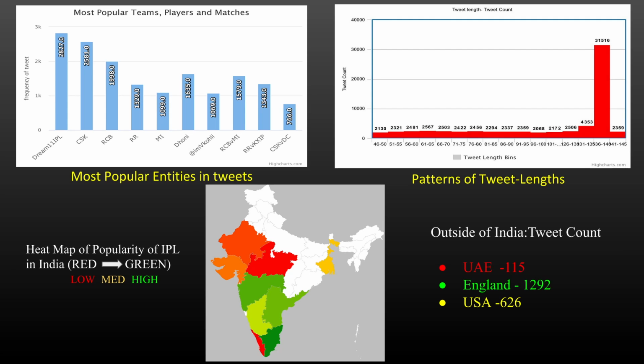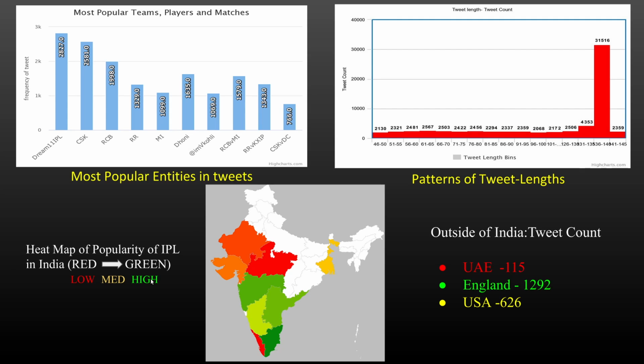The red color represents the low count, which is interpreted as low popularity in that region, and green regions are primarily the hotspots of popularity of IPL.